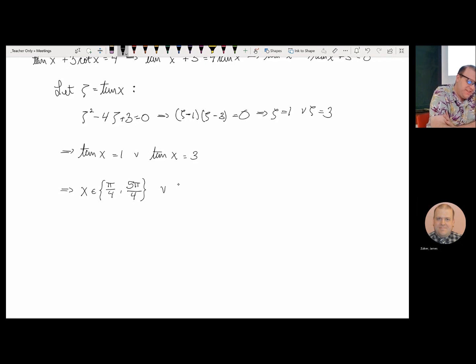Right. Or where's tangent of x equal to 3? This one we didn't do.